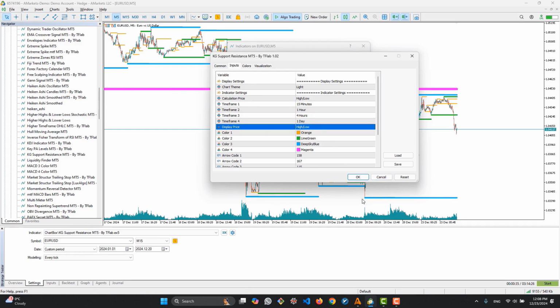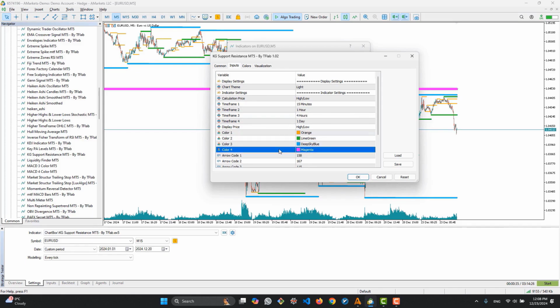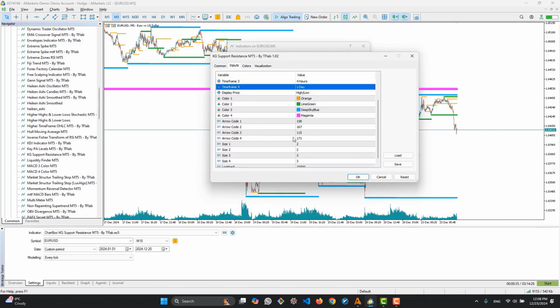We can specify how these zones are displayed, whether to show them on the high and low of the candles or on the open and close. We can specify the color of these lines that it draws for us, where the first is for the first time frame, the second for the second time frame, the third for the third time frame, and the fourth for the fourth time frame.